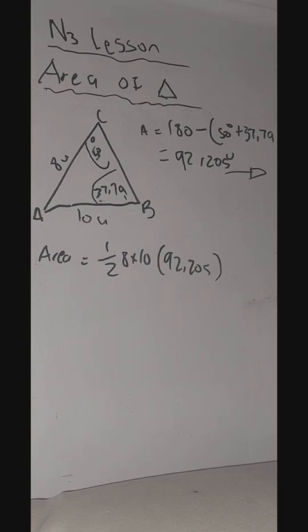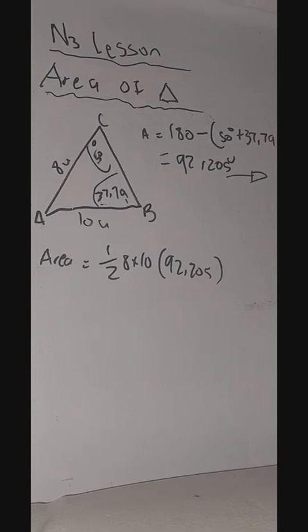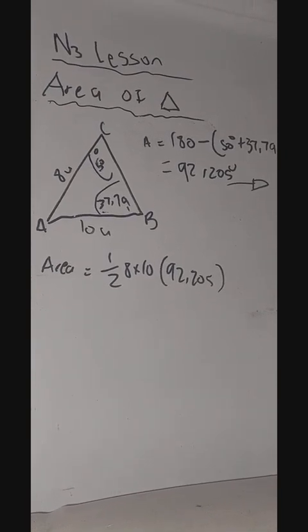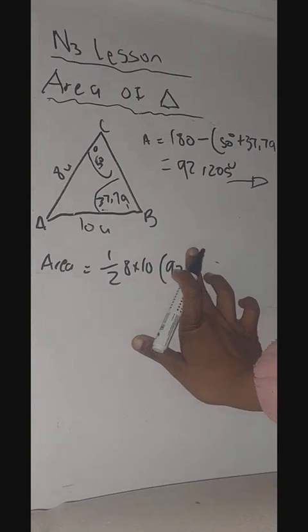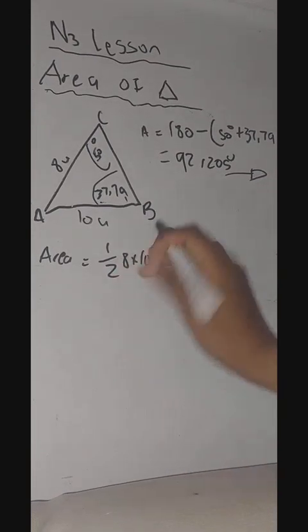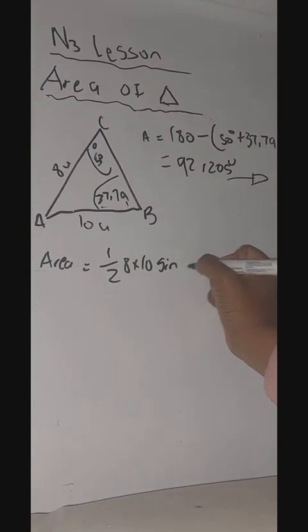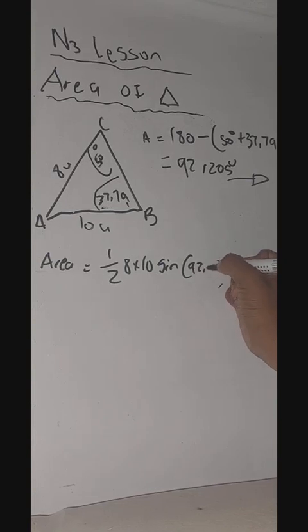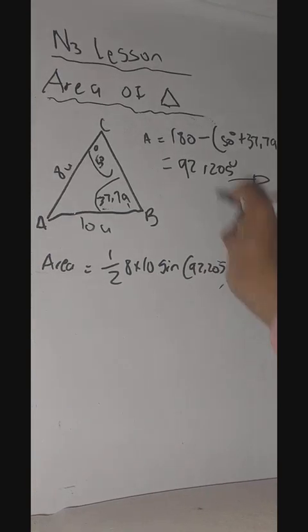Remember, it's half, the two sides and the angle in between. So let's solve for it. Half times 8 times 10 times the sine of the angle in between. I'm so sorry, I'm supposed to write sine of 92.205.